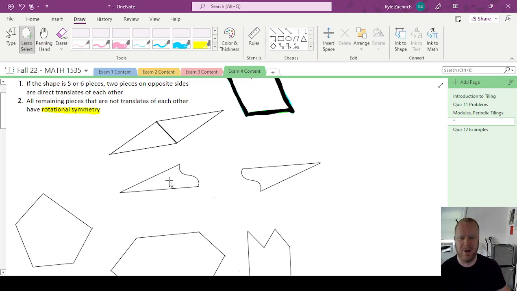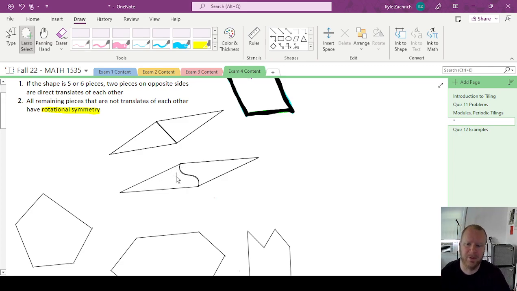This shape here, I copied and pasted and then rotated 180 degrees as well. So we can see even curved shapes like this are also able to be rotated as long as they have this point of symmetry, right? This rotational point of symmetry.